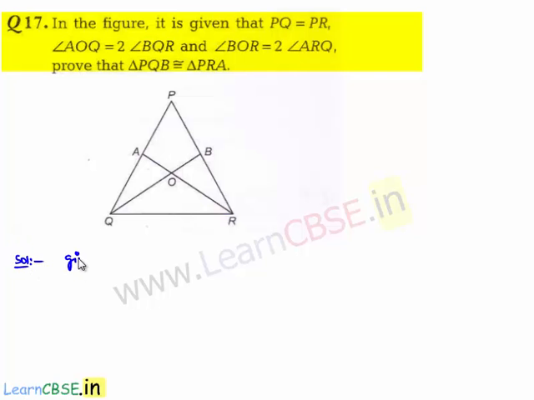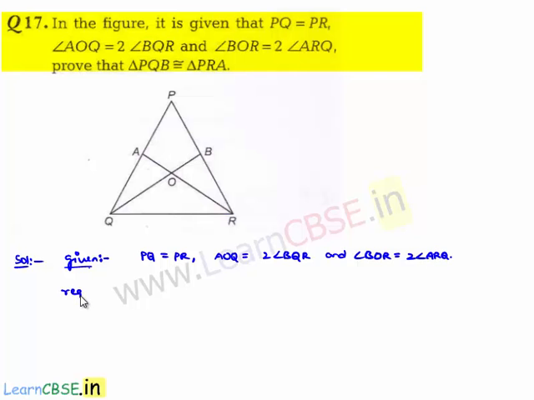Let us note down the given information that PQ is equal to PR and angle AOQ is equal to 2 times angle BQR and angle BOR is equal to 2 times angle ARQ.